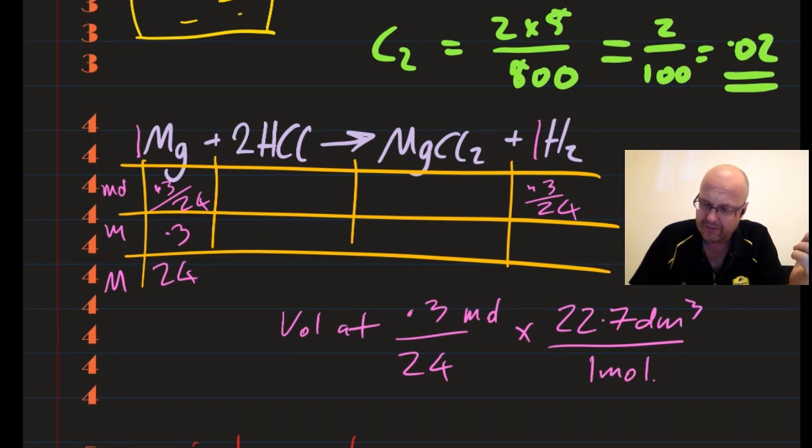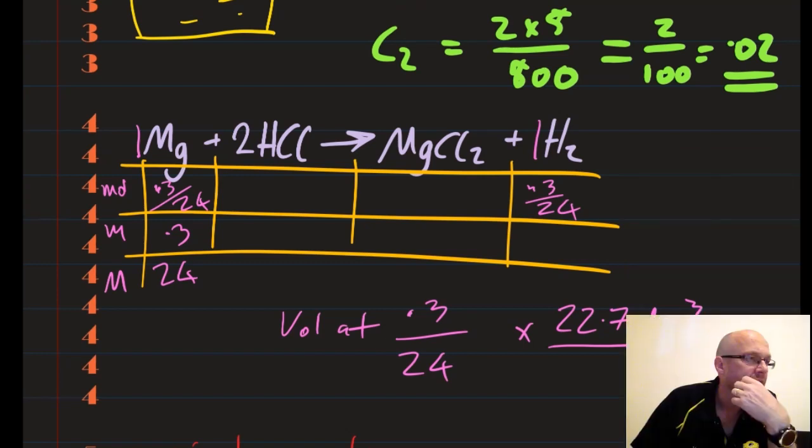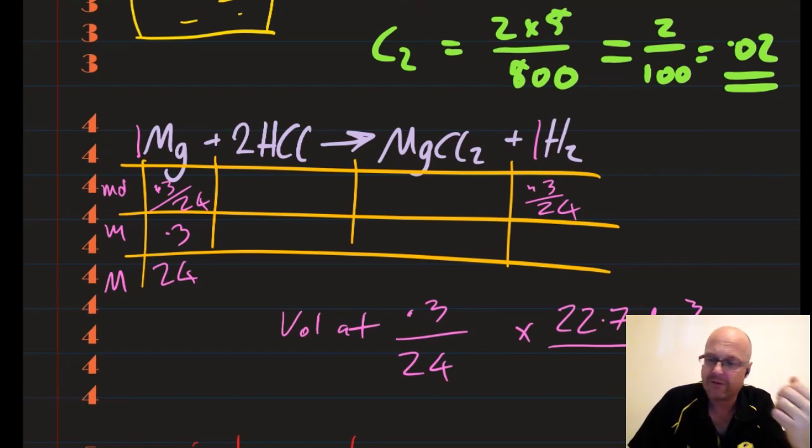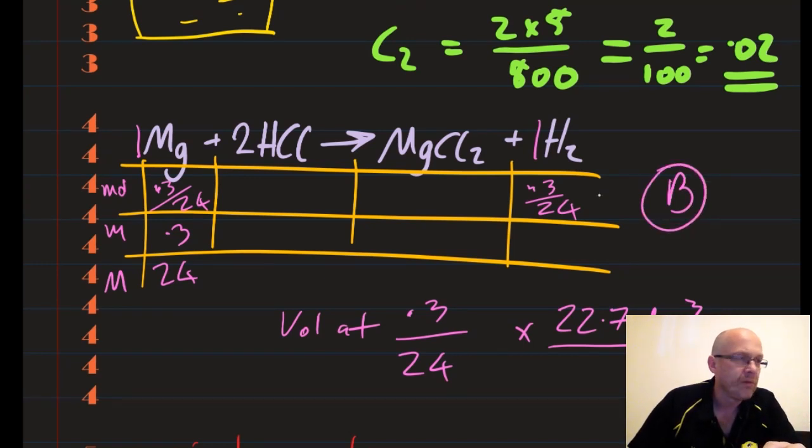All right then, so I'm going to cancel the moles, and that should be my answer. 0.3 times 22.7 over 24. That's B. So 4 is B. Nice.